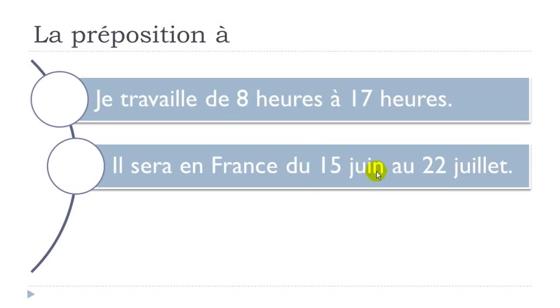Du 15 juin au, same thing here, we've got the preposition à, but then combined with the same article le, and it will become au 22 juillet. So in that situation, you can see that it's exactly the same concept, but as we use the articles, then we've got to modify the prepositions. So il sera en France du 15 juin au 22 juillet.